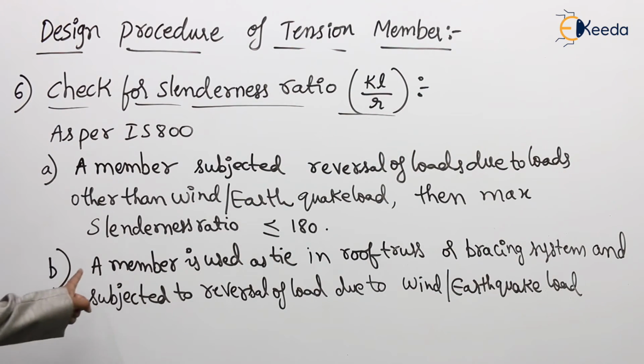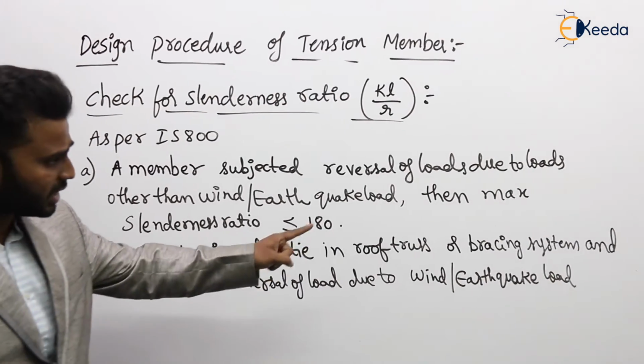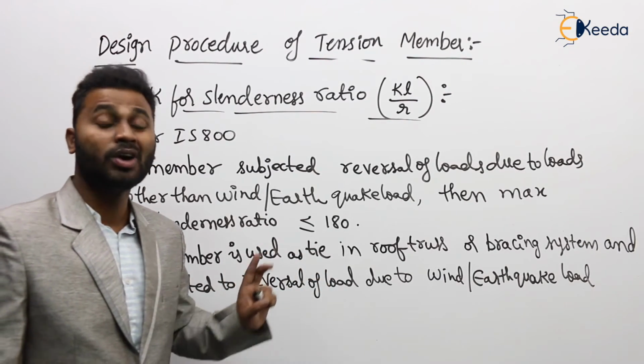Tie is nothing but a tension member. So a tie in a roof truss or bracing system, subjected to reversal of load due to wind or earthquake load. Now, which type of truss is it? In the name itself, roof truss.